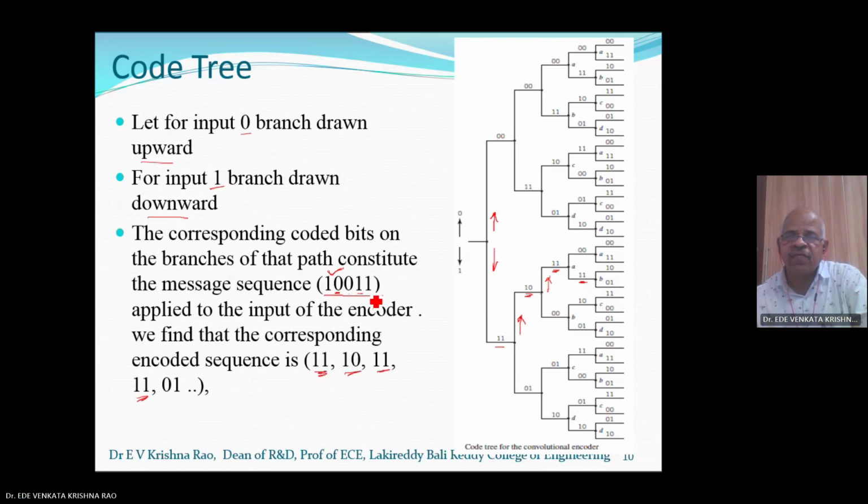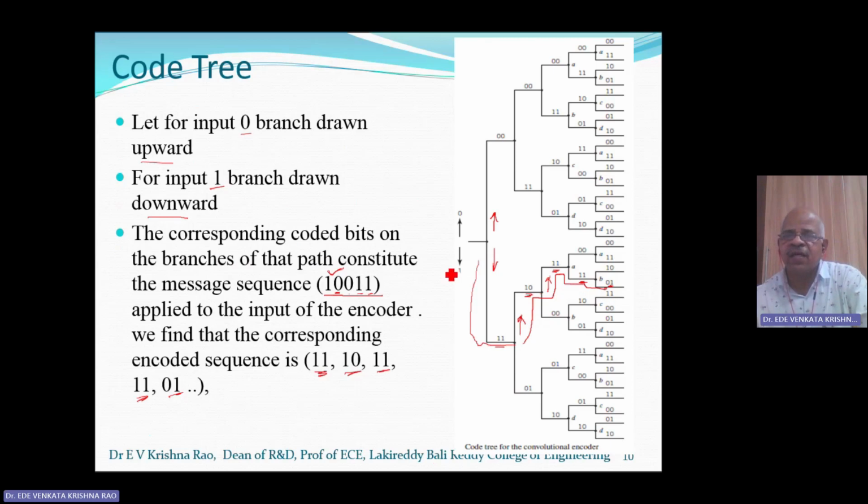Fifth bit 1, again downward, the output is 0 1. See, downward again 0 1. So this is the path.